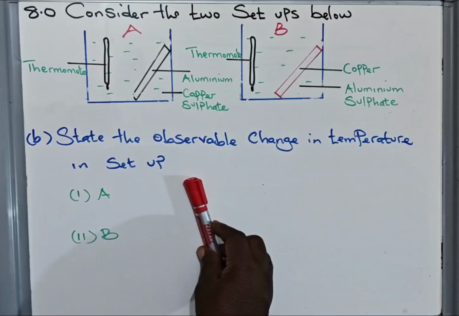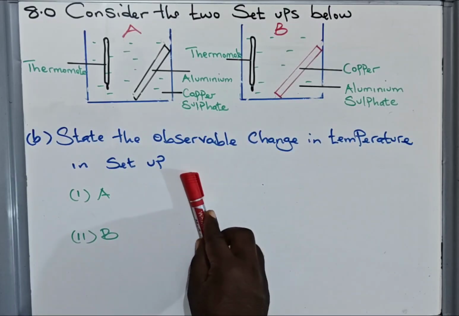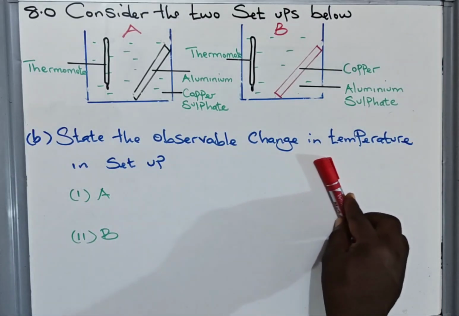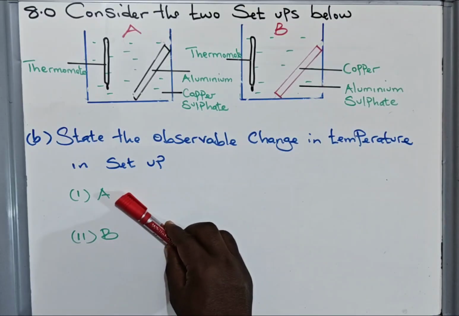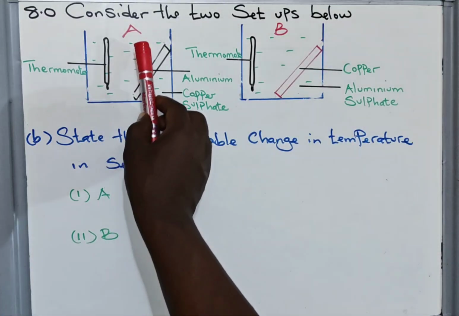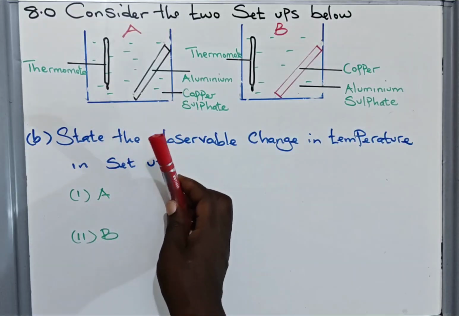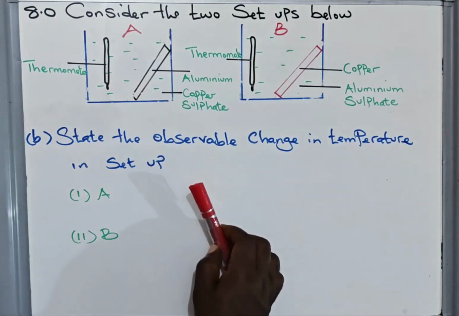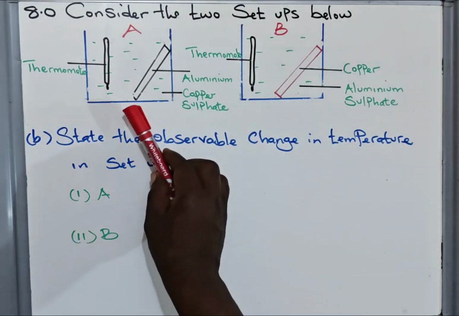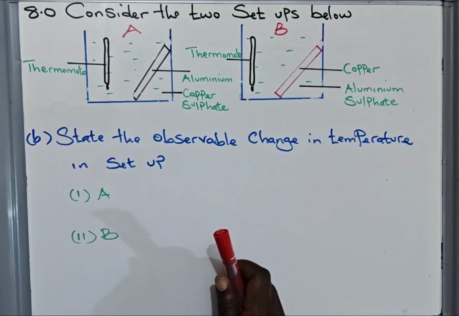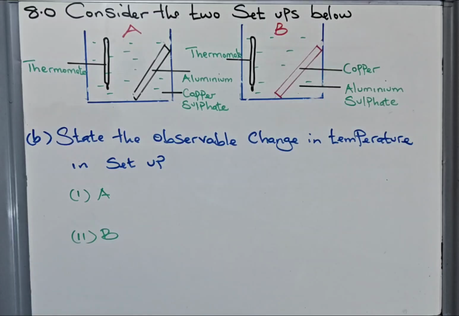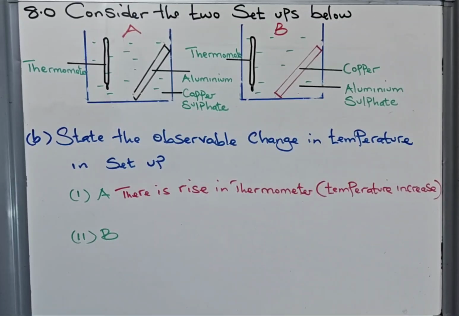Then we come to this question. It says, state the observable change in temperature in setup A. We know A is spontaneous, it's feasible, it's taking place. So if it takes place, what do we observe on the thermometer? There is a temperature increase. There is a rise in the thermometer.